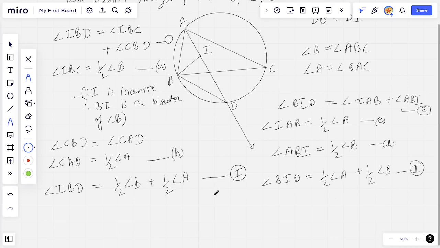So what do we have here? In equation 1, the RHS is half A plus half B. In equation 2, the RHS is half A plus half B. So the LHS of these two equations have to be equal. So angle IBD is equal to angle BID.